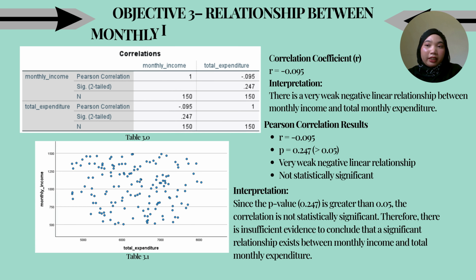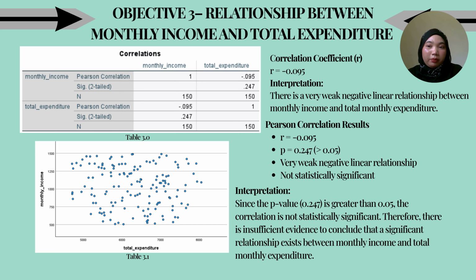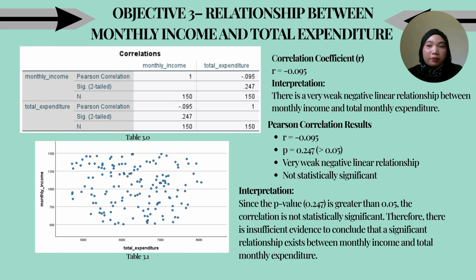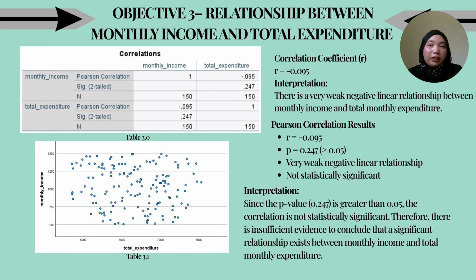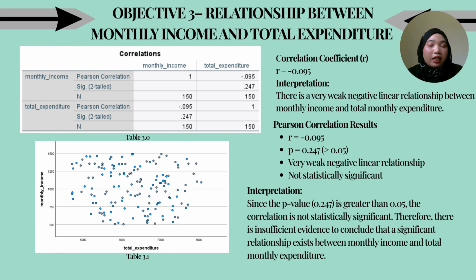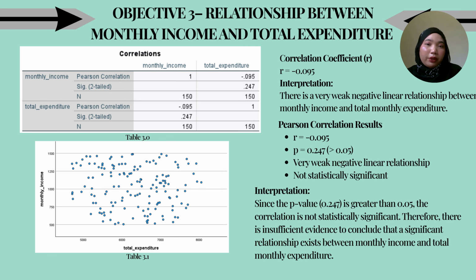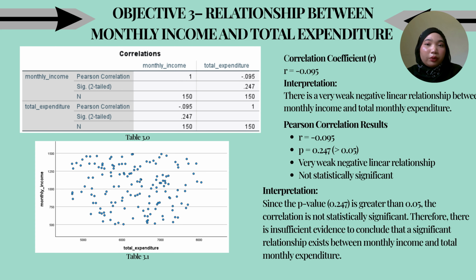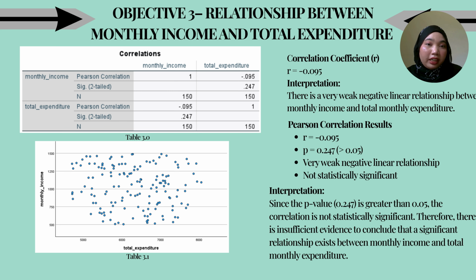I will explain regarding Objective 2, which is to identify the relationship between students' monthly income and their total monthly expenditure. We use the statistical test, which is Pearson correlation analysis. As we can see from Table 3.0 and Table 3.1, the correlation coefficient R is negative 0.095.